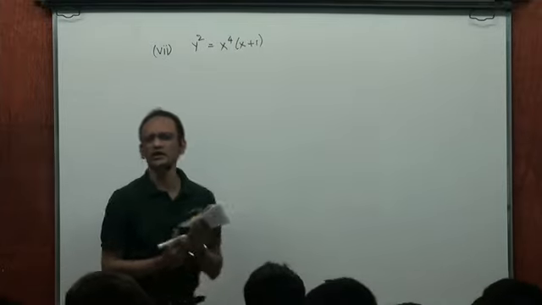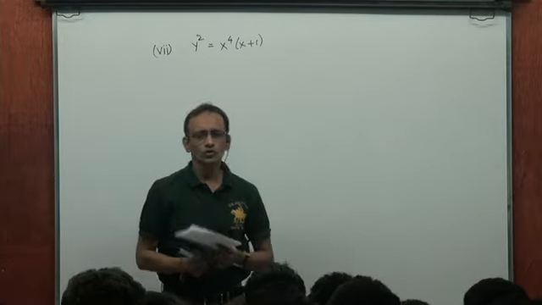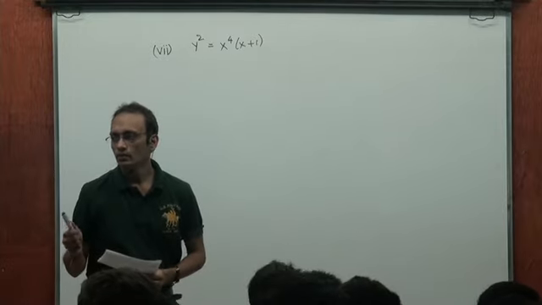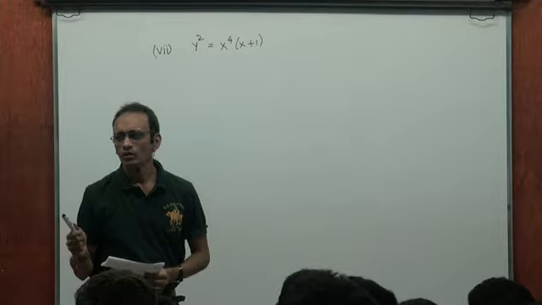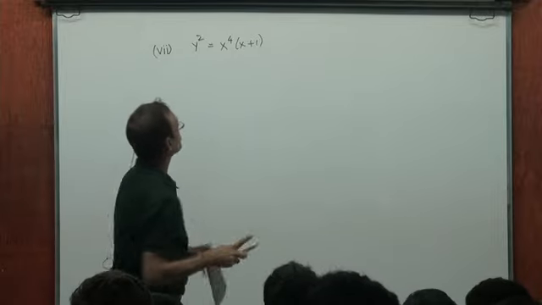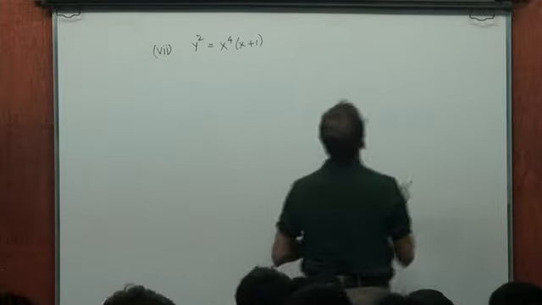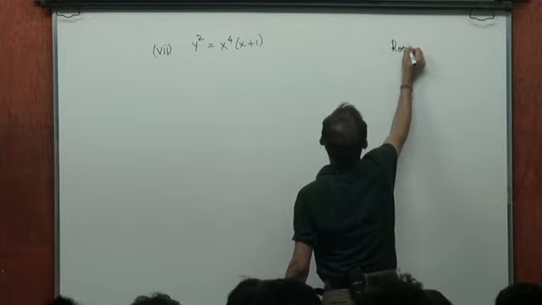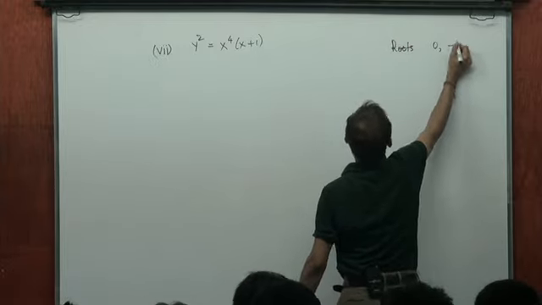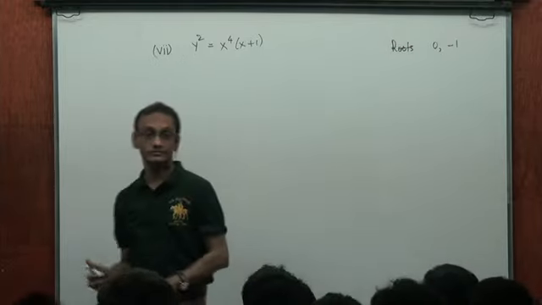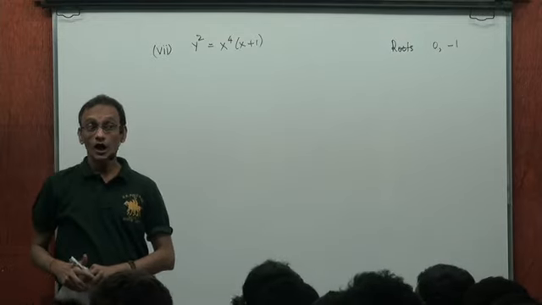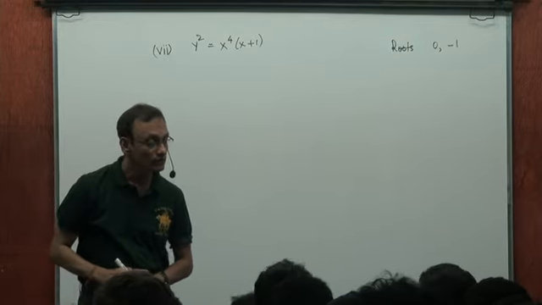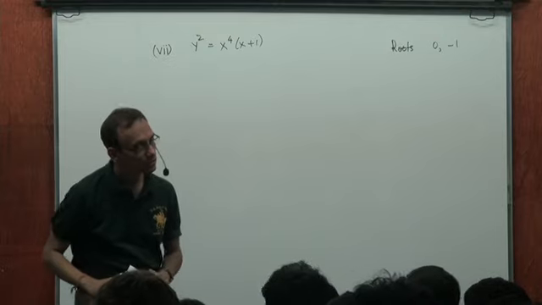Okay, very quickly, what are the things that you can... 0 and minus 1 are the roots. And 0 is a repeated root.